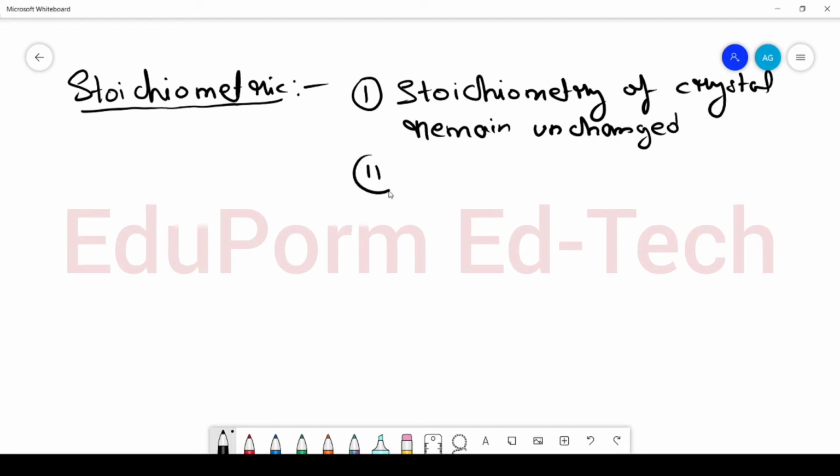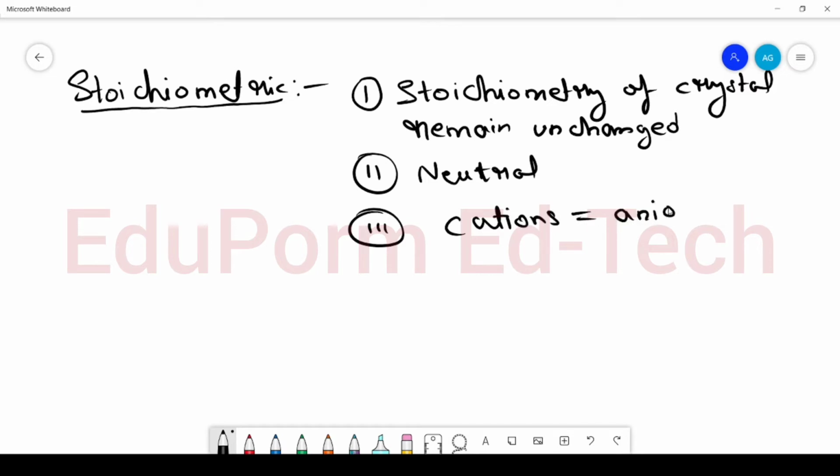It simply means that the crystal is neutral. And when can the crystal be neutral? When the number of cations is equal to the number of anions. So, a stoichiometric point defect is a defect in which the stoichiometry of the crystal remains unchanged. The crystal is neutral and thus the number of cations and the number of anions present in the crystal after the defect are the same.